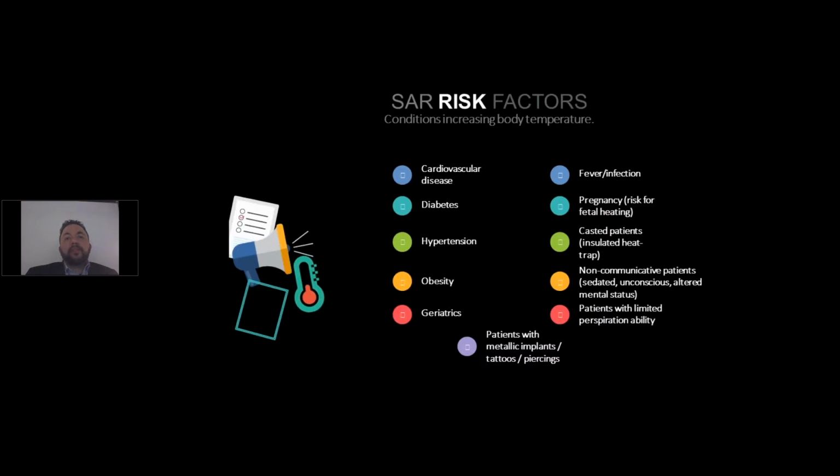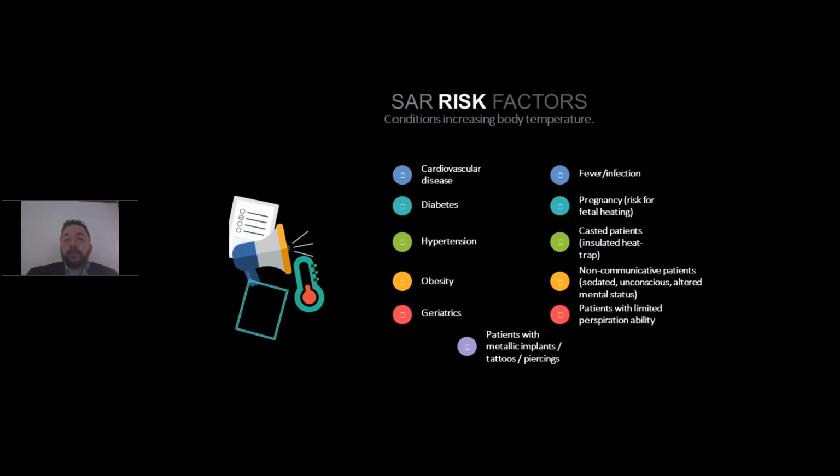So the risk factors of conditions in which your patient may increase body temperature: they may have a condition of cardiovascular disease, they may be diabetic, hypertensive, again, obesity or geriatrics, patients that present with fever or infection, obviously pregnancy, as the risk for fetal heating is greater, simply a patient with a cast, and the insulated heat trap where you're containing and not allowing heat to escape.